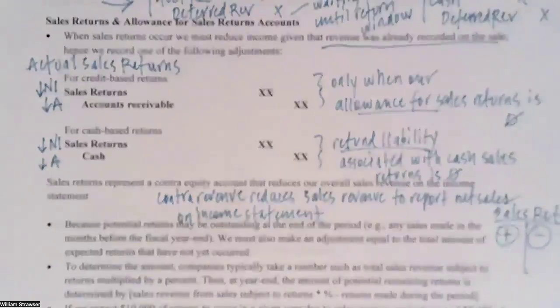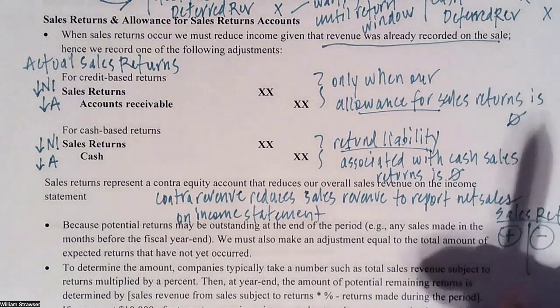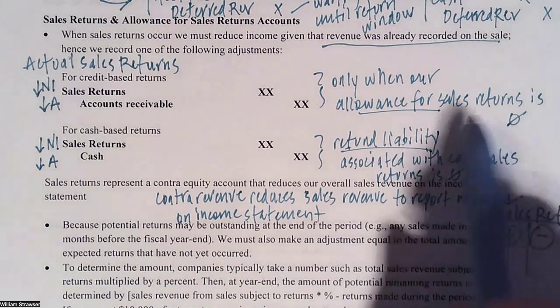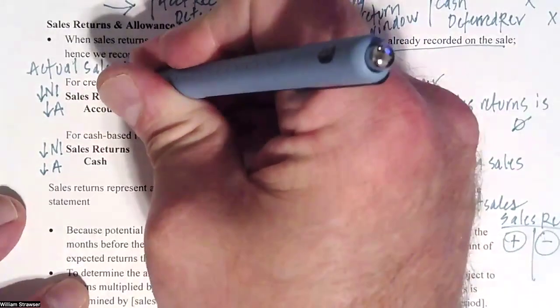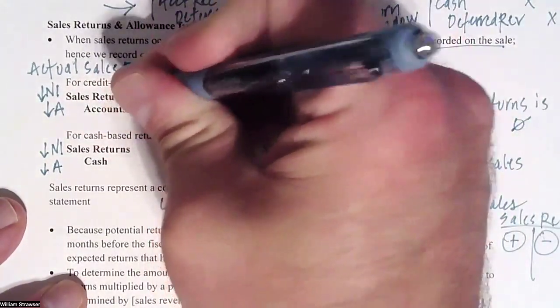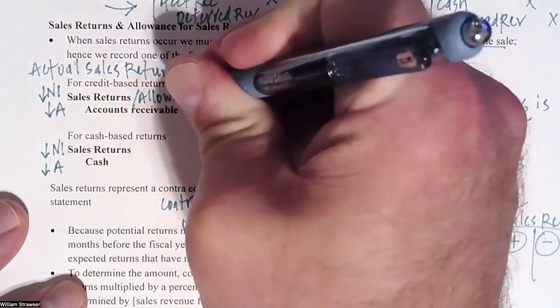They brought the merchandise back, and I debited sales returns, credited their receivable since the allowance for sales returns is zero already, right? If it's not zero, it's a debit to the allowance for sales returns, a credit to accounts receivable. So have a little bit of flexibility in that piece. And you might just even write that in there, like it could be one or the other based on where that account is.